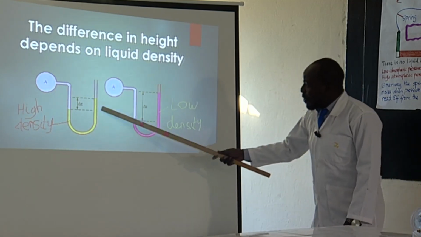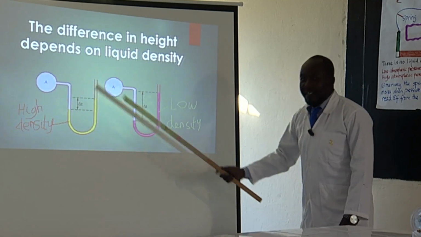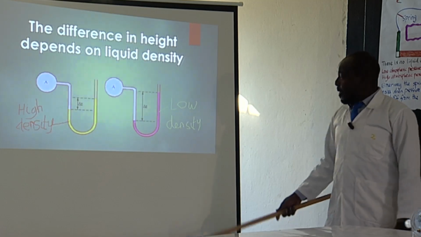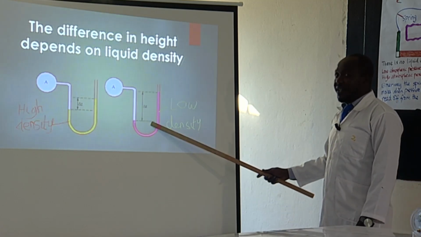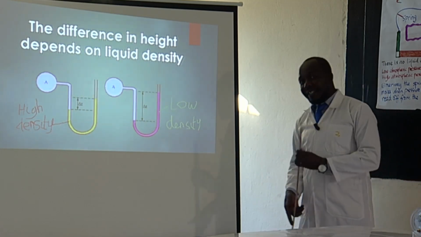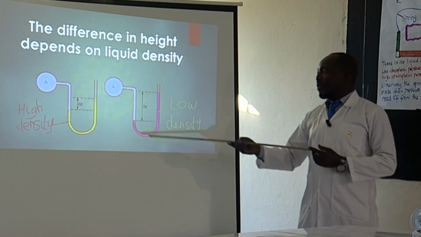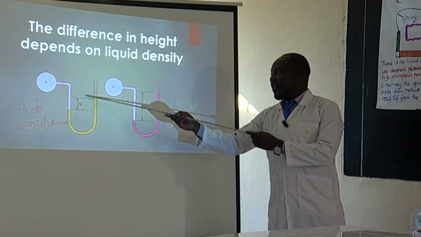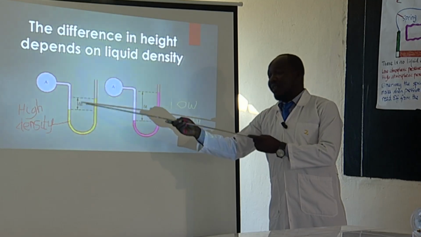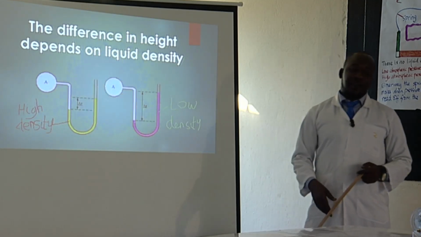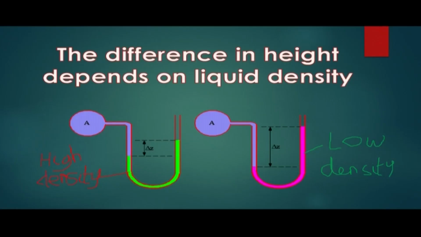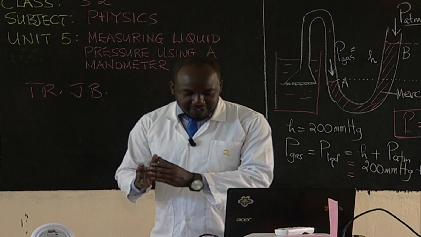Do you think you will produce the same difference in height? No. You will have a bigger difference in height for a liquid with a smaller density. And you are going to have a smaller height for a liquid with a high density. Okay? That is something that we had looked at before. So the difference in height depends on liquid density.